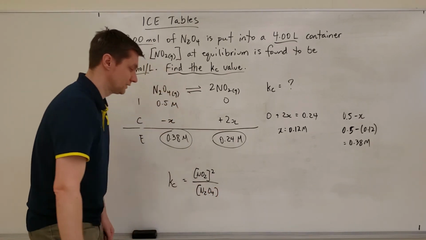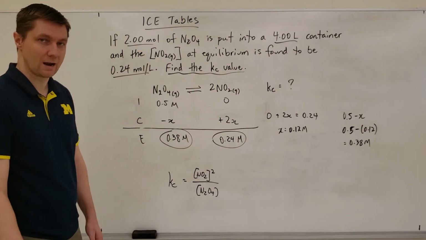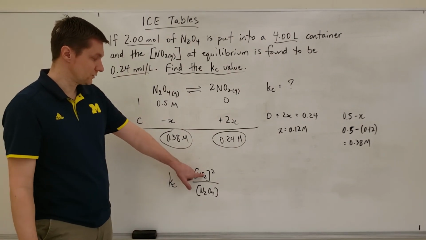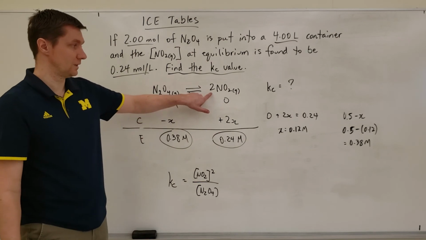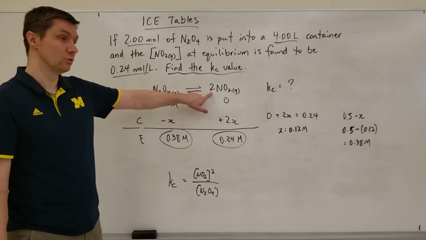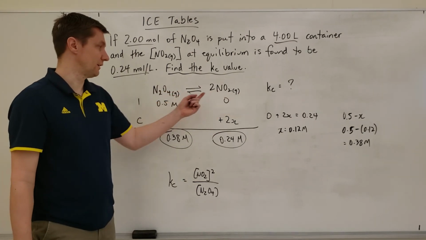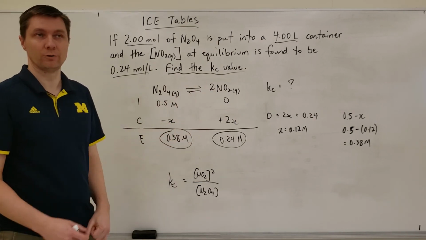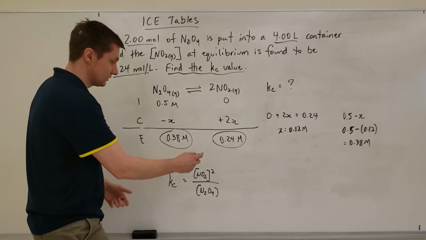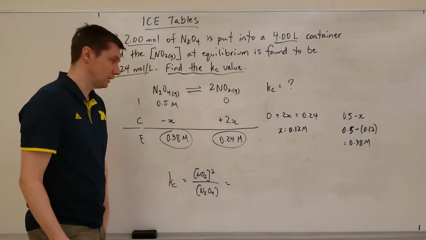In this case, it's pretty simple because I just have one reactant, one product. Notice that this concentration of NO2 must be squared because it has a coefficient of 2. And notice that both of these have a state of matter of gas, so they can both be inserted into the expression. So then I just plug the numbers in and do my calculation.